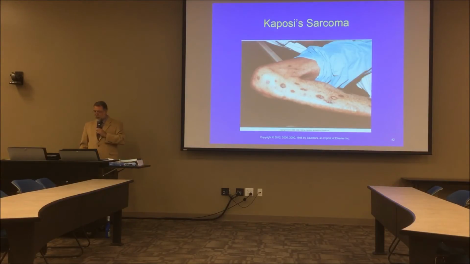Kaposi sarcoma has to do with HIV, with AIDS, and this is a very specific type of cancer that the skin will develop in immunocompromised patients having HIV or AIDS.